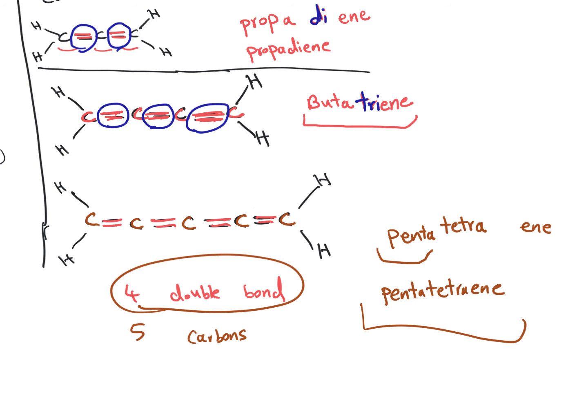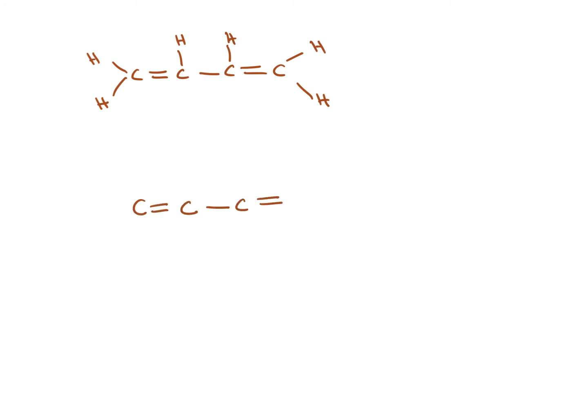So let's work on some examples for conjugated. I just write the book examples as a starting point. So it'd be 2 hydrogens here, 1 hydrogen here, 1 hydrogen here, 2 hydrogens here. The other conjugated can be like this, the second example of your book.